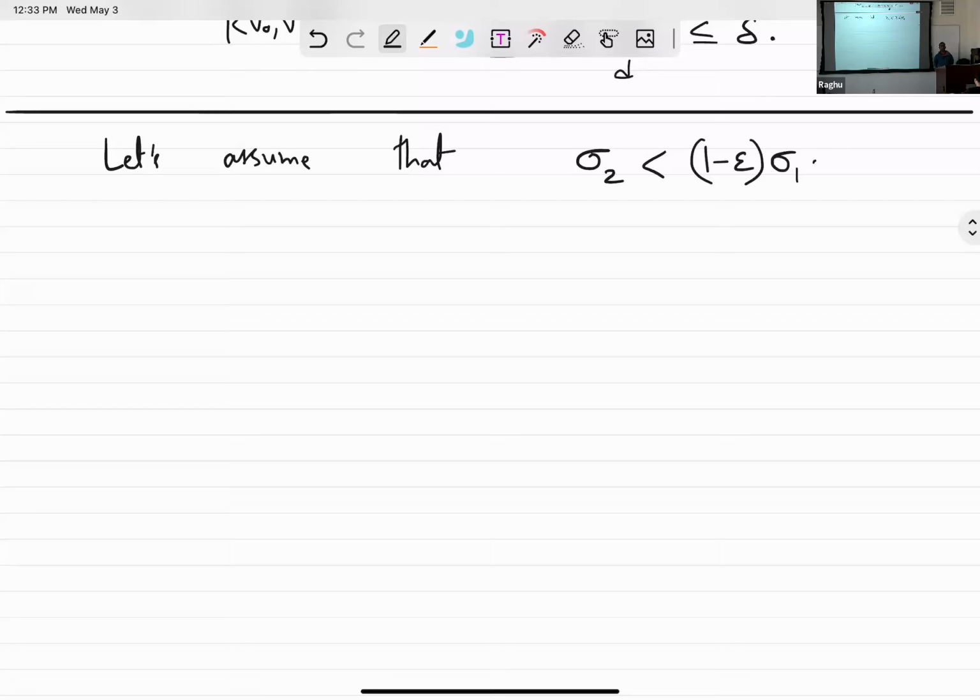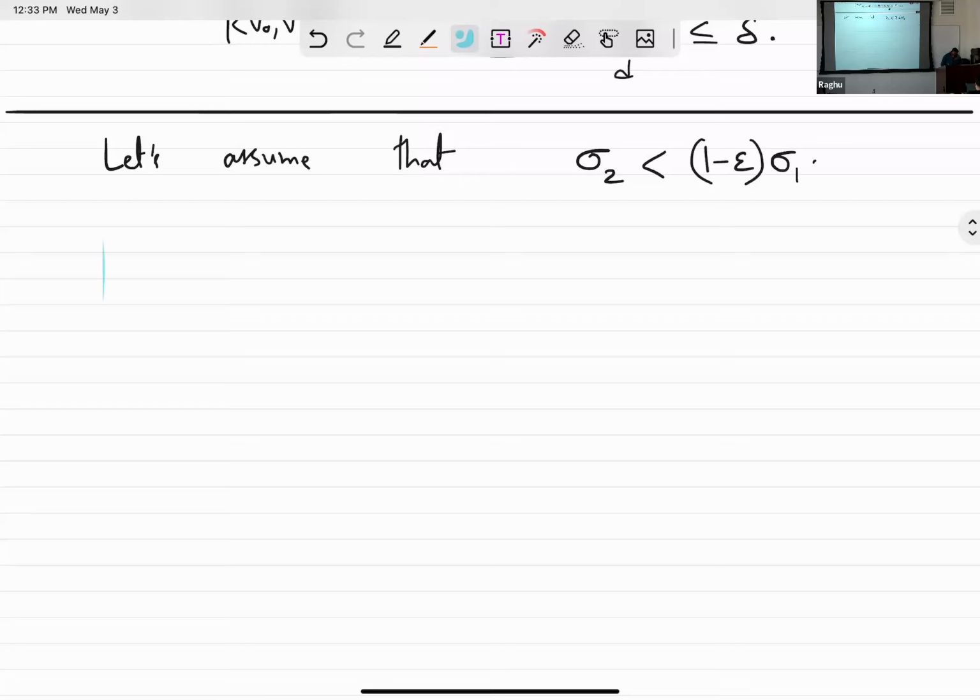The second one itself is smaller than 1 minus epsilon times sigma 1. So in this scenario, there's actually a unique solution that you should look for. You should look for something like V1, because anything downwards is not good enough.